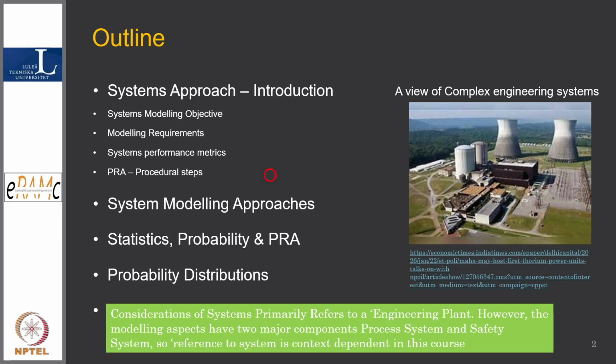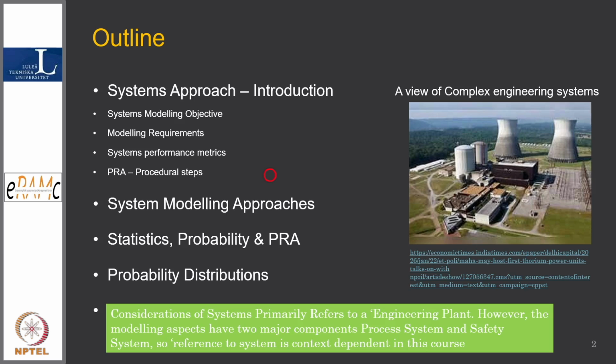We should understand why we should model and what deliverables we are expecting from the system, and then system performance metrics, whether it is risk, reliability, safety or security. We will be discussing this aspect on a separate slide, and then the broad procedural steps that are involved in a system.